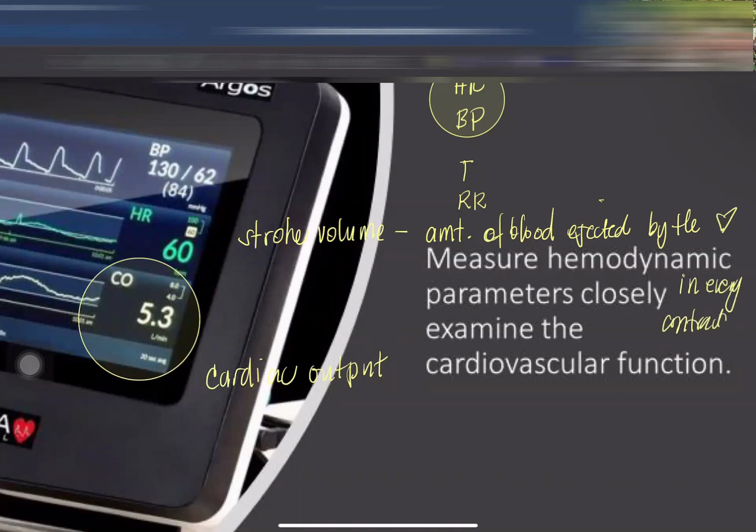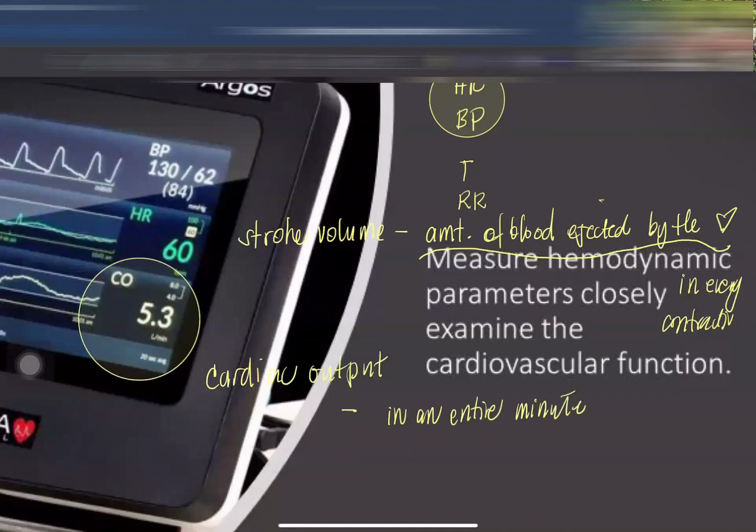Okay? So ibig sabihin, class, every time that the heart pumps, the blood that goes out is referred to as your stroke volume. Now, your cardiac output is the amount of blood ejected by the heart in every minute, in an entire minute.